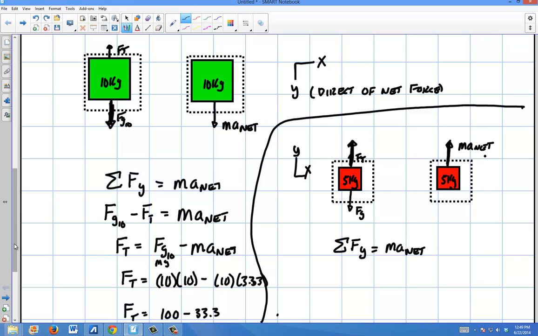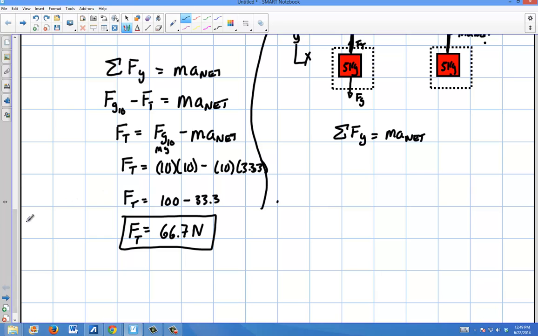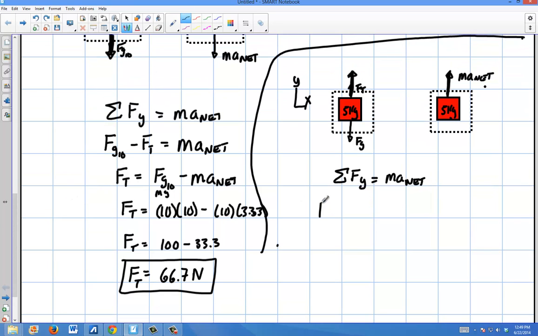They share the acceleration again, so now I'm going to say Ft minus Fg equals MA net, and Ft equals Fg plus MA net. This time I'm adding it. So you see that now the tension is going to be more than the weight in this case.